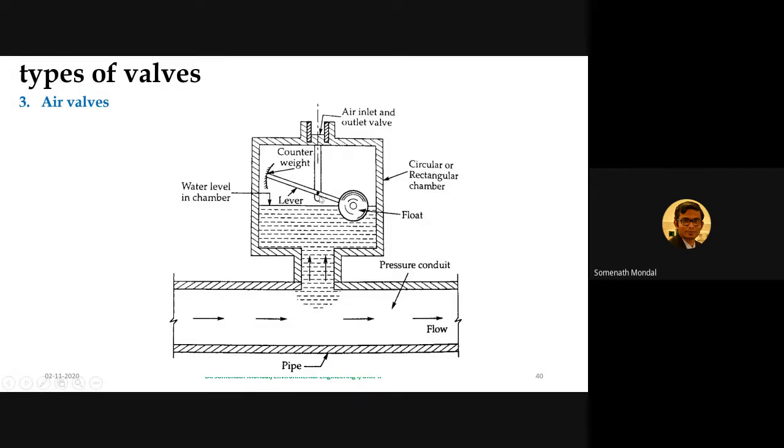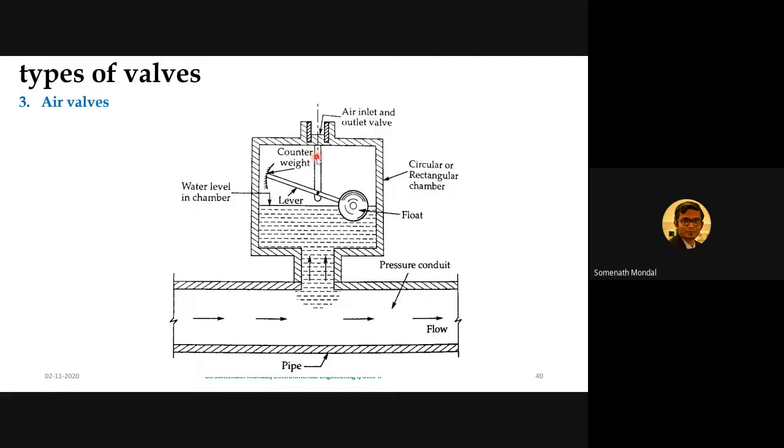So this connector rod will go up and close the air inlet or outlet valve, so the water will not be able to move through that valve during the flow.